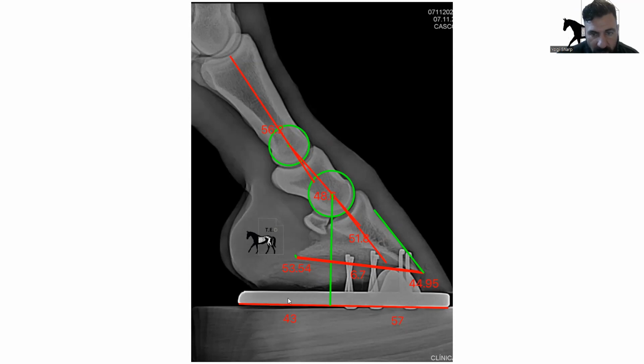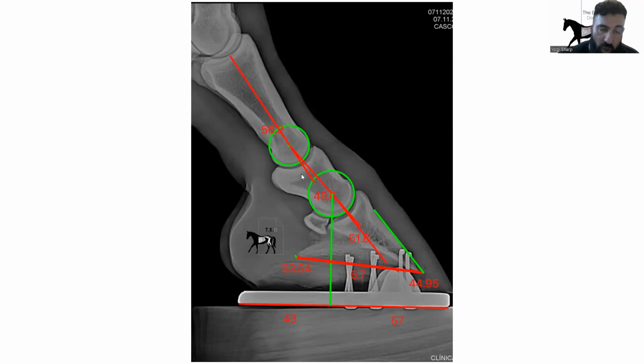And then if we want to measure our base proportions on the radiograph, we simply put our base proportions template on and put it up to the center of rotation of the distal interphalangeal joint, okay? So this is how we can mark up a radiograph. And then we can see how broken back we are at each joint as well. 56.2 take away 48.6 tells us how broken back this joint is.